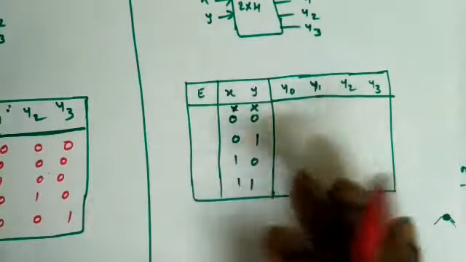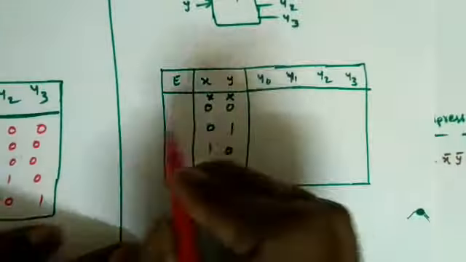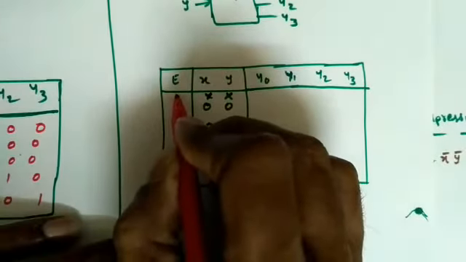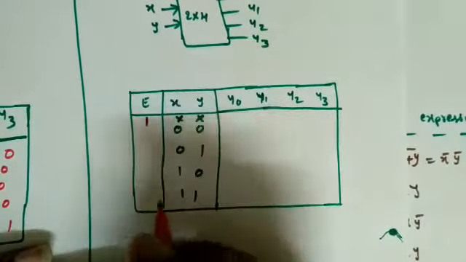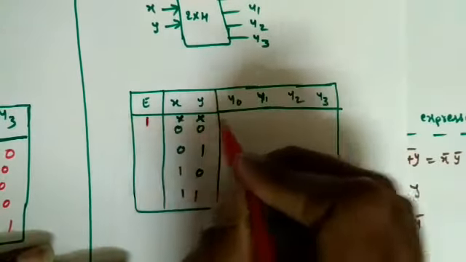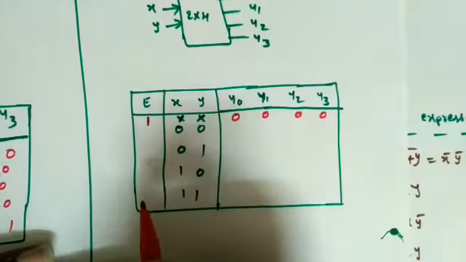Next we will see this one also, then we will draw the logic diagram for both. So 2x4 same, active low. What does active low mean? Whenever the enable pin is 1, it will not do any operation; it will be simply disabled. So for any input combination, the circuit will provide all zeros. It is not converting anything.